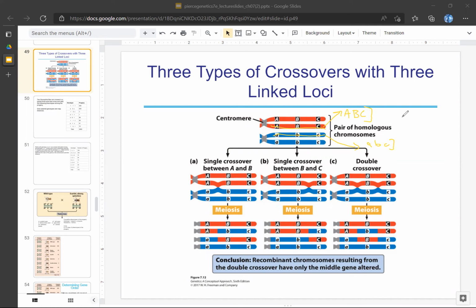It would be in trans if we had, for example, A, B, C, or even A, B, C, or even A, B, C. Because cis configuration is when you have all of the same kind of allele on one of the chromosomes that crosses over.